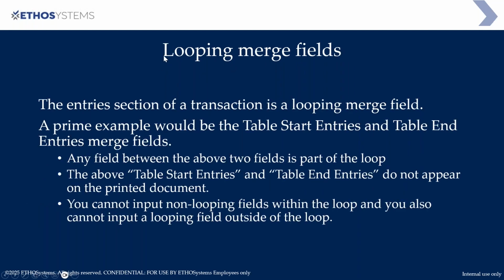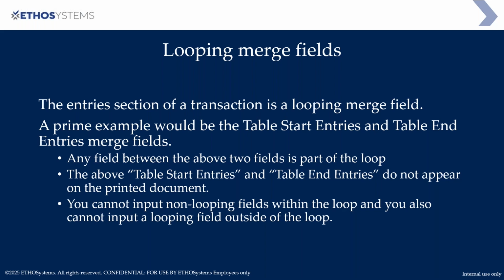Okay, looping merge fields. In Sage Intacct, under any transactional screen that you're in, there's going to be an entry section. The entry section of that transaction is a looping merge field. What I mean is that within the entries section, there can be as many rows as you input.